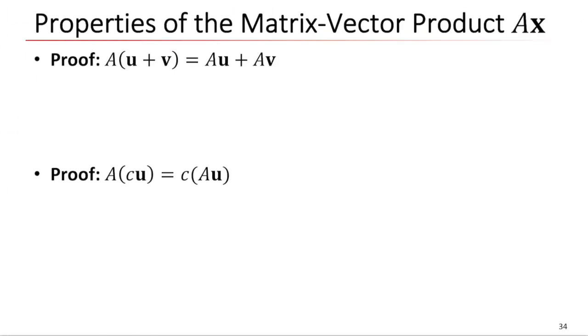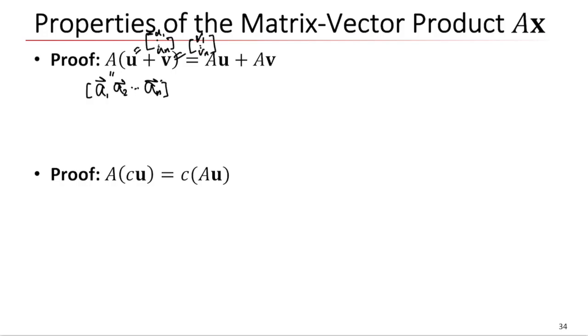How can we prove this? Let's say matrix A is composed of the column vectors A1, A2 through AN, something like this, right? Then U is represented as U1 through UN, and V is represented as V1 through VN.